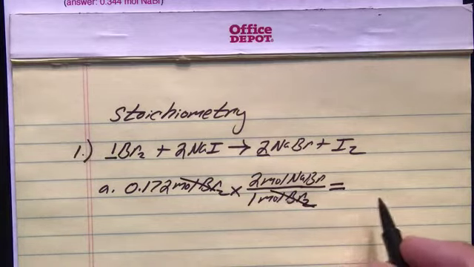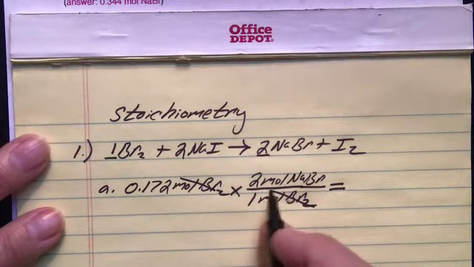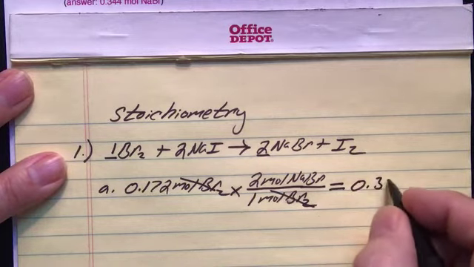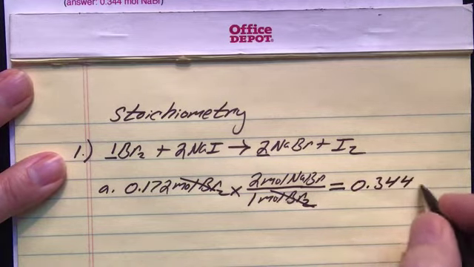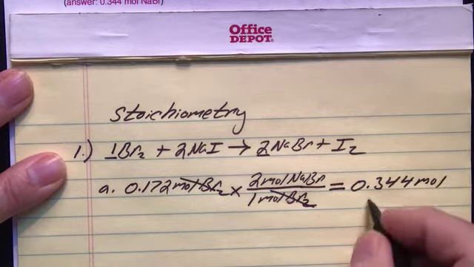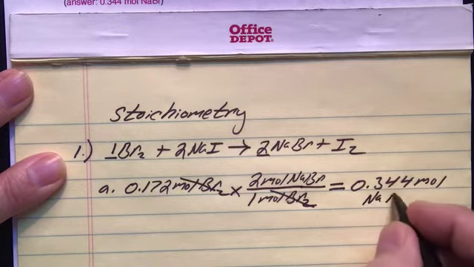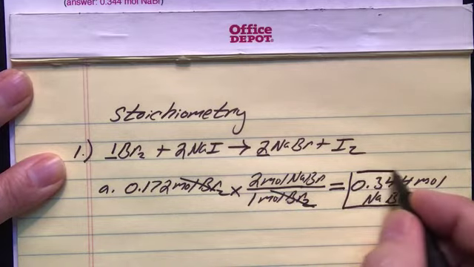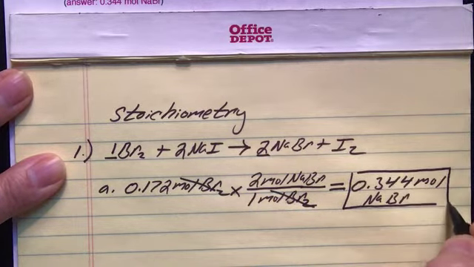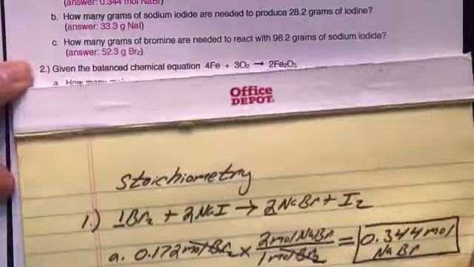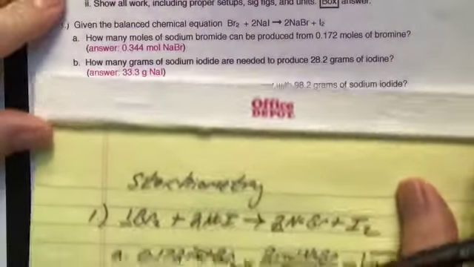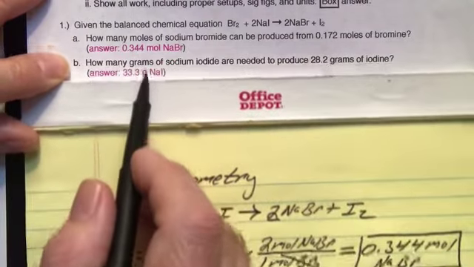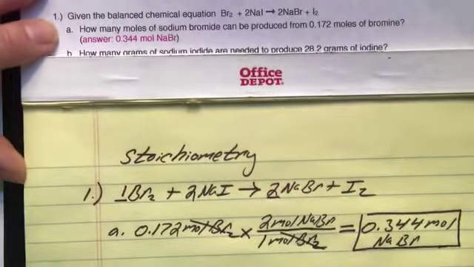And so 0.172 times 2 gives us 0.344 moles of sodium bromide. Now remember, in these problems, you're given the answer. So the answer is right there. So if you're not getting the answer given here, of course, you've made a mistake somewhere.